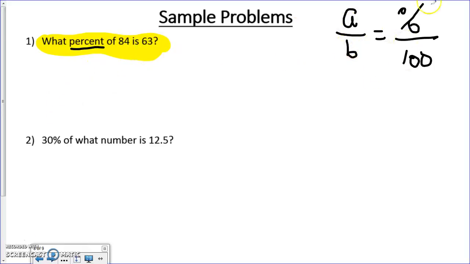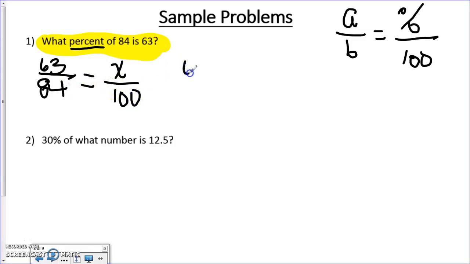So we would replace our percent proportion as 63 over 84 equals, and I'm just going to write X for percent over 100. And again, you're going to use cross products properties. You're going to have 6,300 equals 84x.